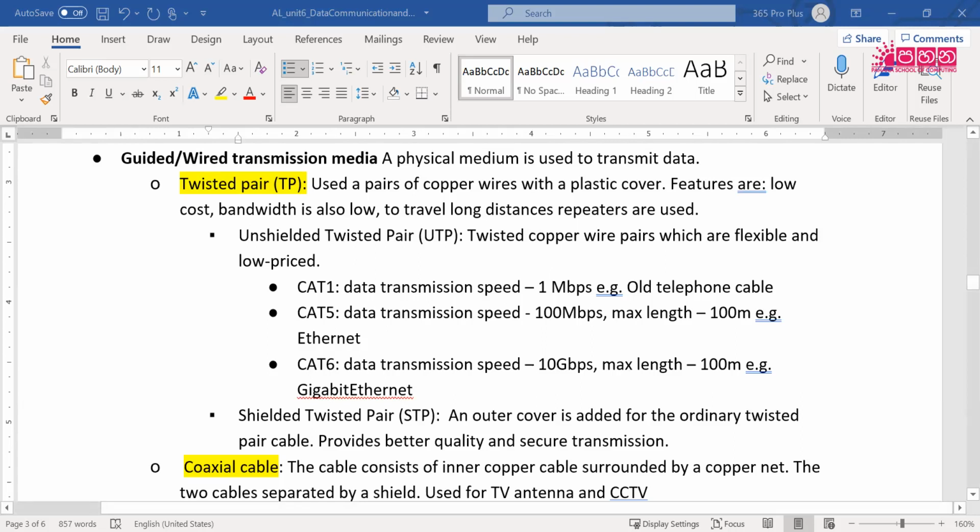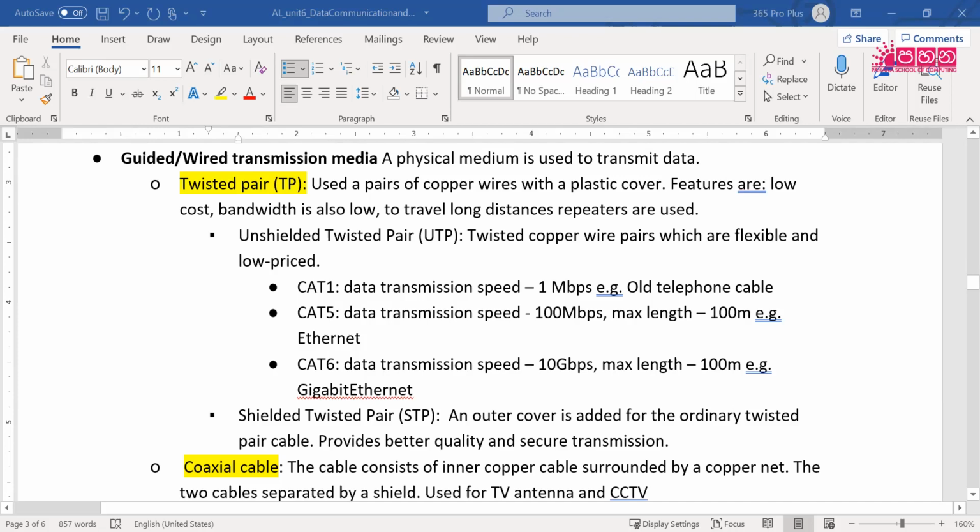So the second type we call shielded twisted pair. So you have an extra cover outside, and you have better transmission.